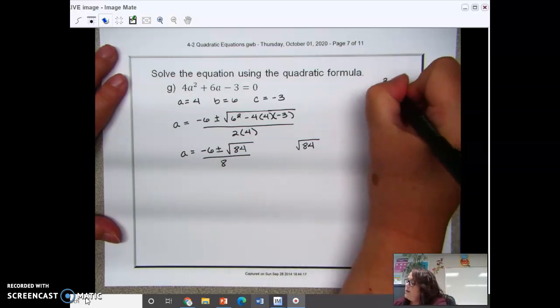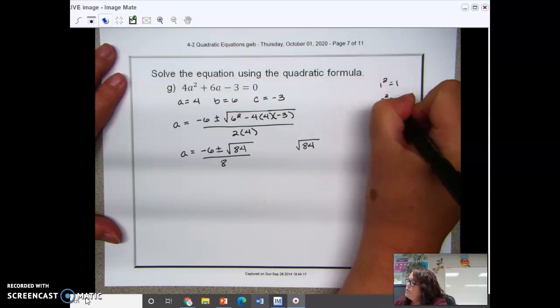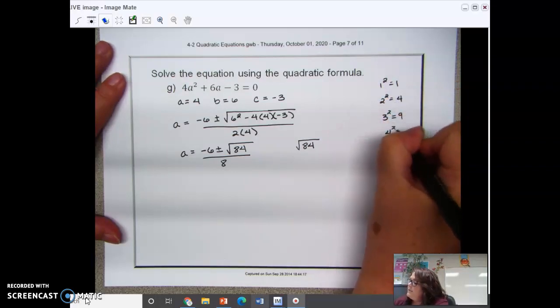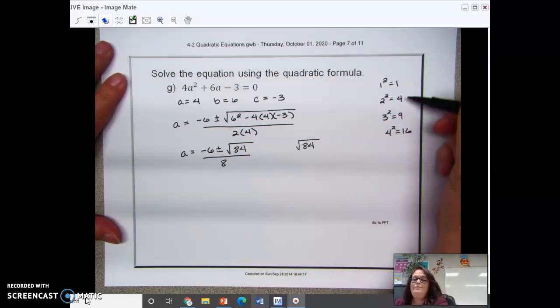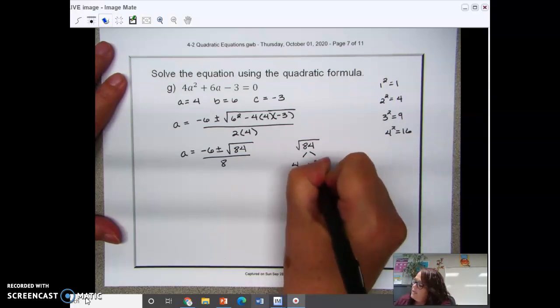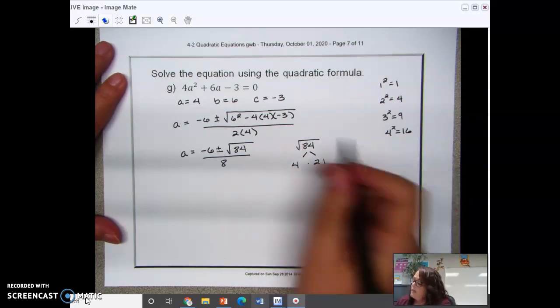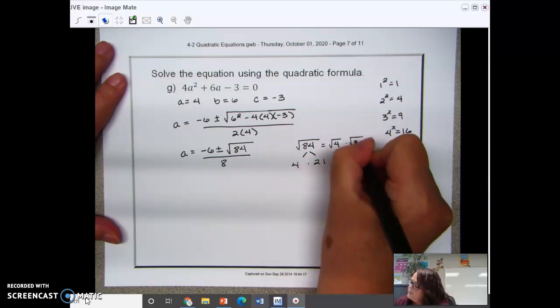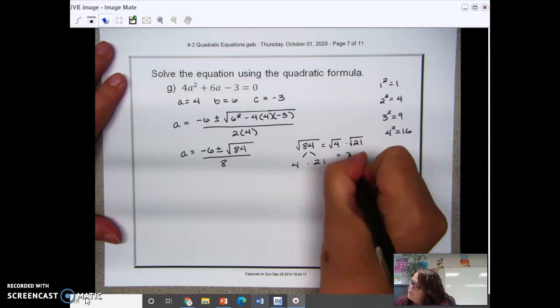So remember, 1 squared is 1, 2 squared is 4, 3 squared is 9, 4 squared is 16. We want to see if any of these are factors of 84 so that I can factor it out. So I notice that this is 4 times 21. So that means that this is the square root of 4 times the square root of 21, which gives me 2 root 21.